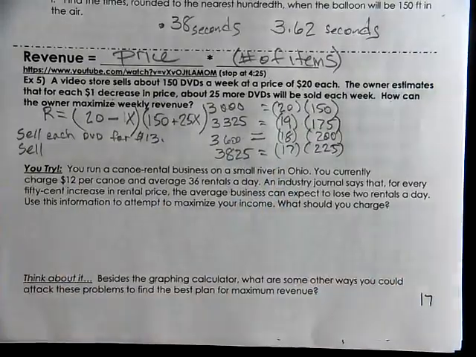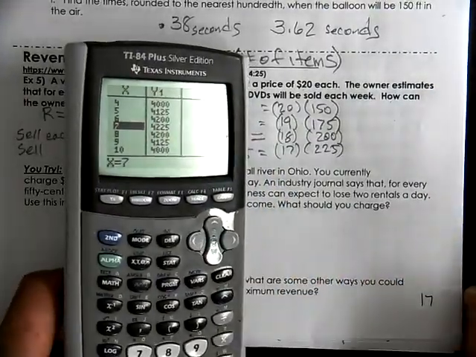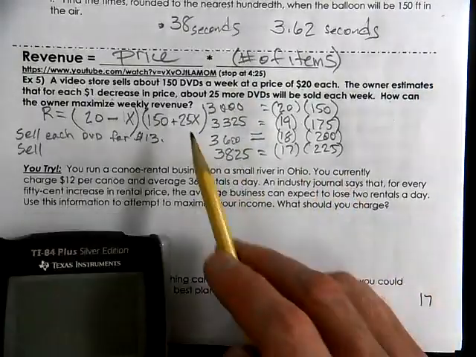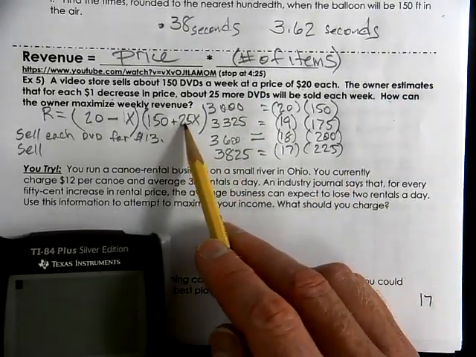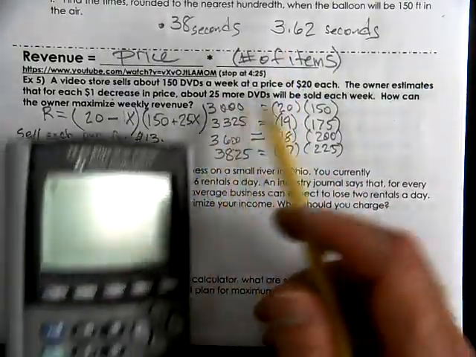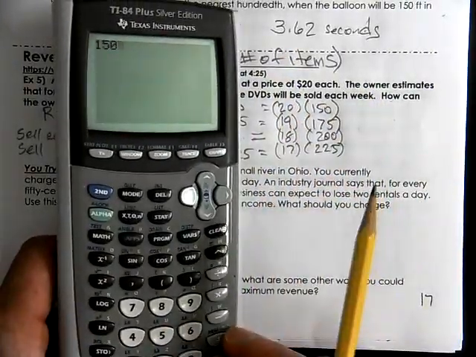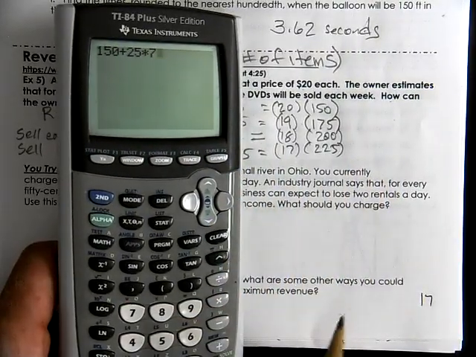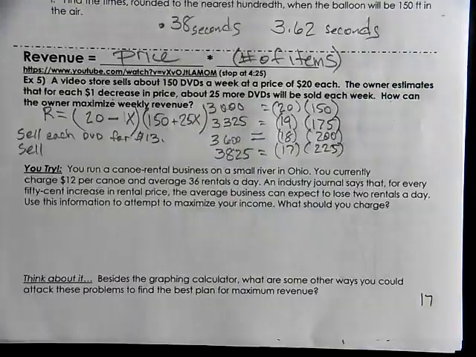Sell, how many are we going to sell? This doesn't tell us how many we're going to sell. But if we use our sell formula, or the number of items formula, 150 plus 25 times 7, that is 325.